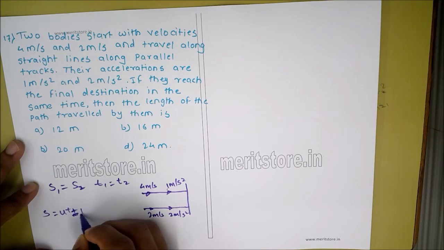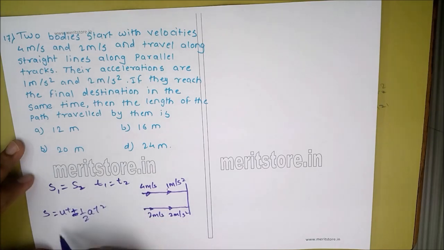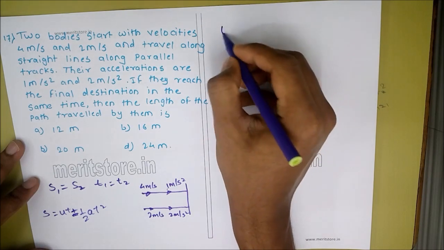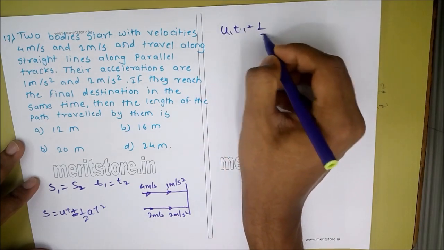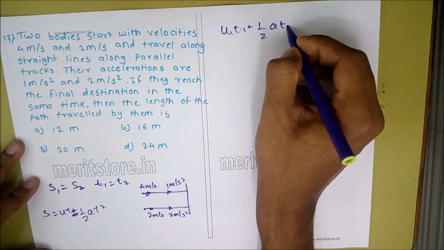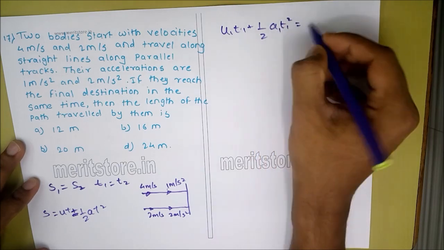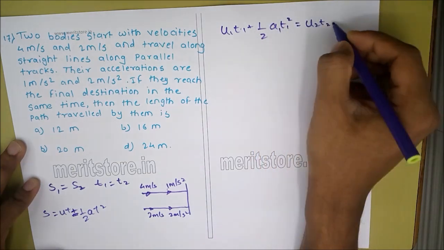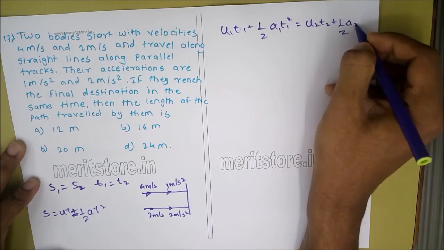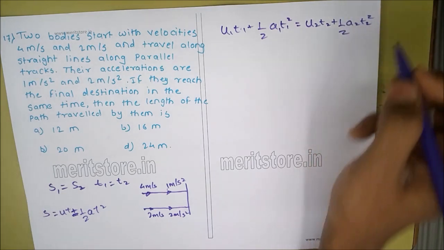So therefore the equation S equals ut plus half at square can be equated for both of them. So u1 t1 plus half of a1 t1 square is equal to u2 t2 plus half a2 t2 square.